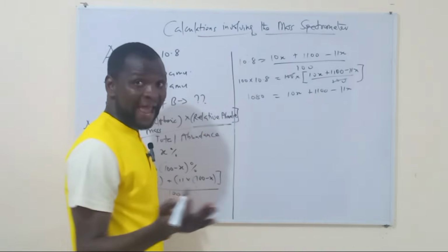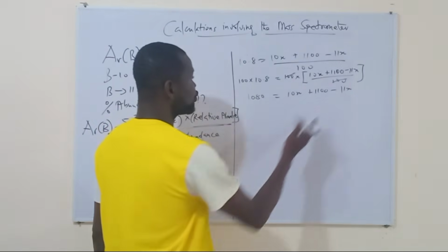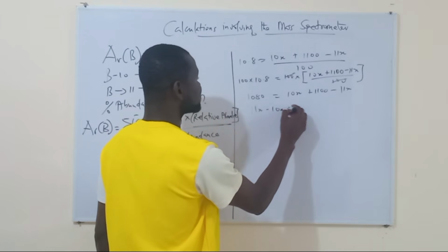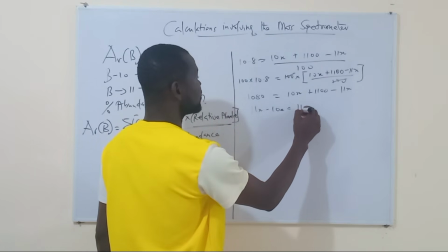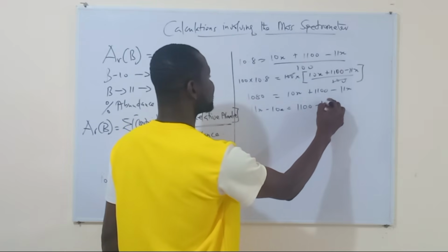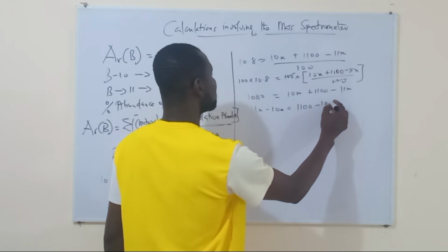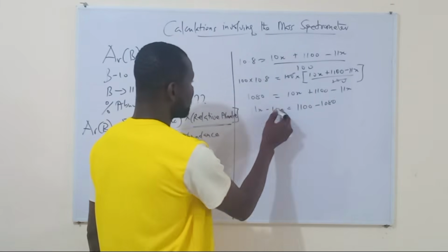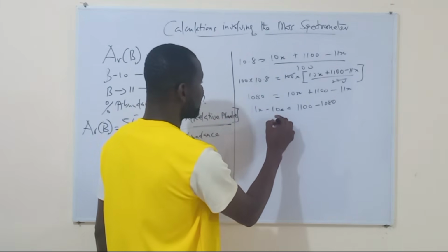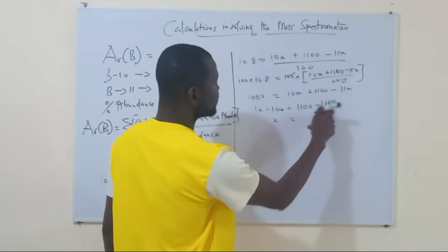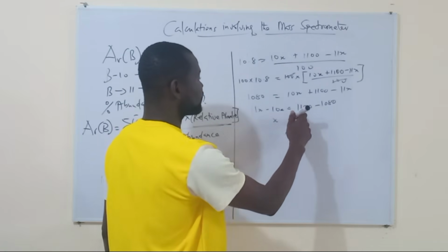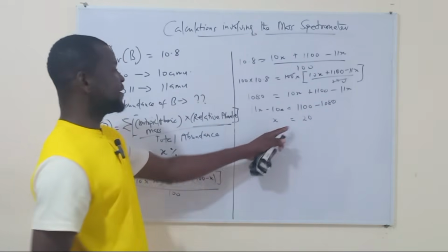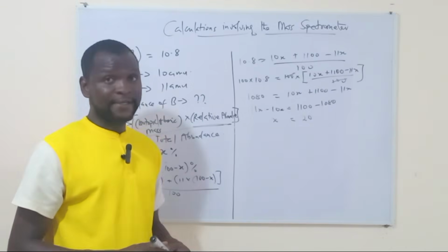I'm going to group like terms, so I have 11x minus 10x is equal to 1100 minus 1080. Subtracting, I get 20. So x in this case is 20.